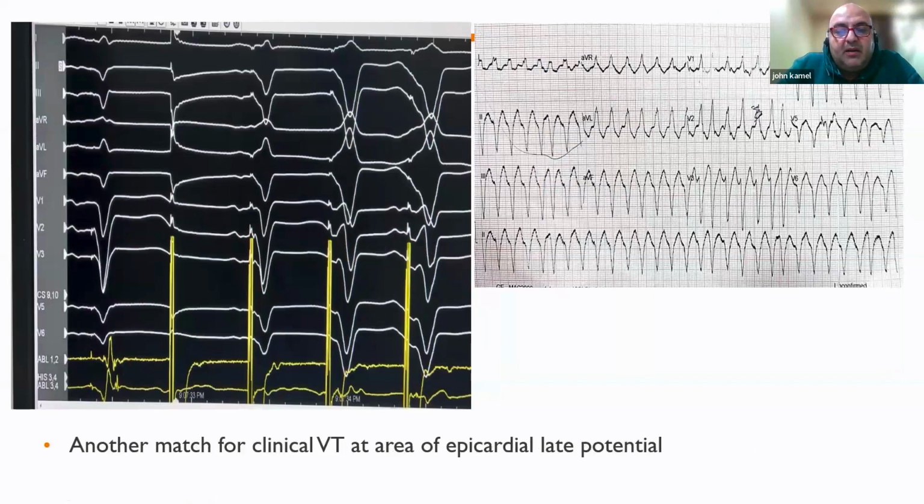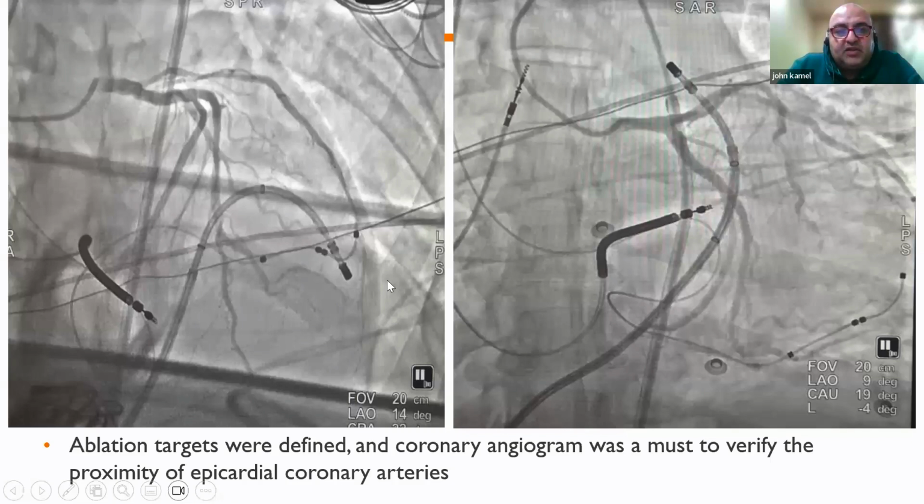Again, there is also a match for the clinical one from an epicardial late potential.